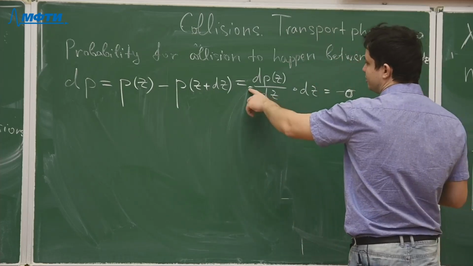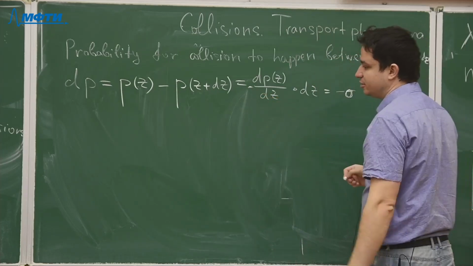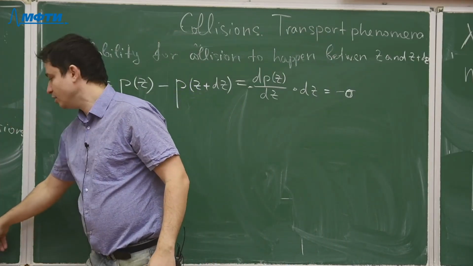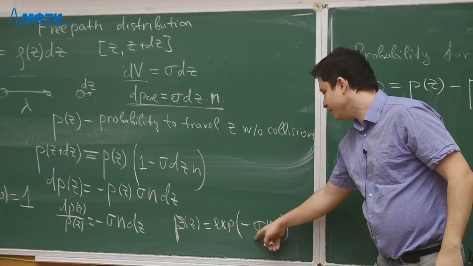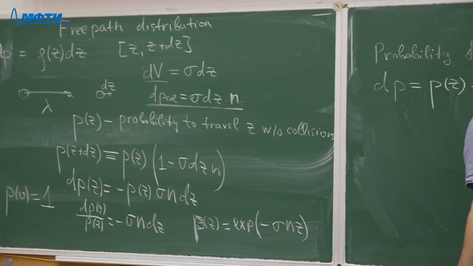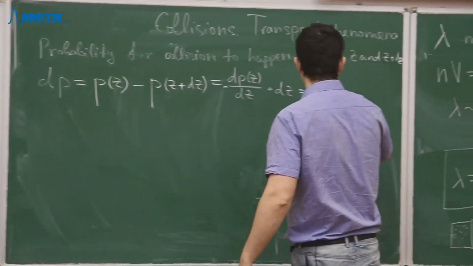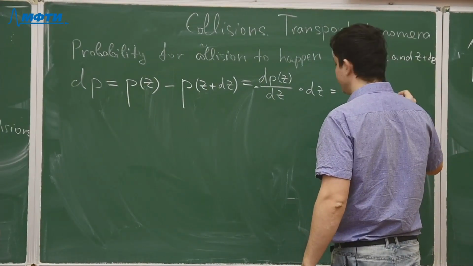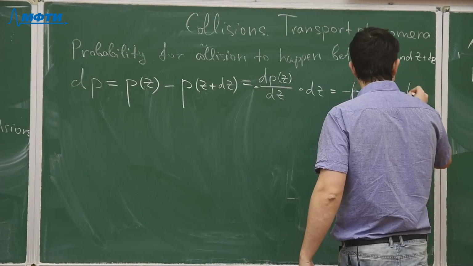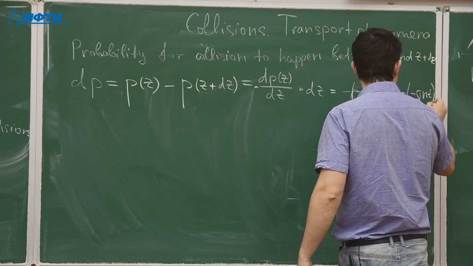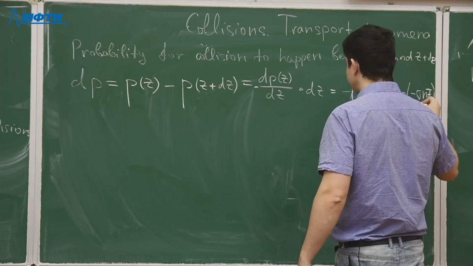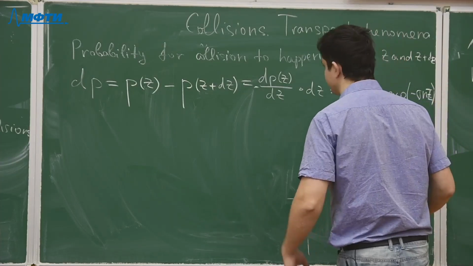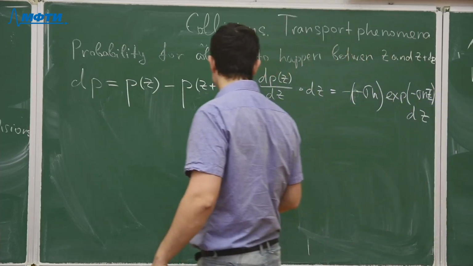So that's why I need to add minus here. And when I calculate this derivative, using the chain rule, I get the same exponent, but also I get this additional factor of minus sigma n. So minus times minus sigma n multiplied by exponent of minus sigma n z, and again multiplied by dz. So that's the element of probability.